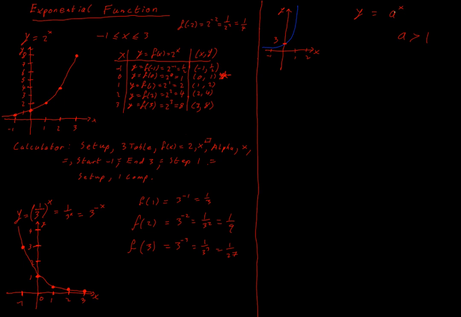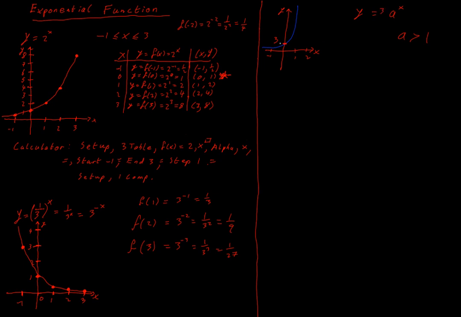And what else do I know? Well, I've been a little bit dishonest with you in that this isn't actually the exact form of this equation, because if I look at where this is crossing the y-axis, I can see that it's crossing at y is 3 instead of y is 1. But I know that the exponential part of my function is going to be 1 when x is 0, because any number to the power of 0 is 1. So this tells me that my function must be multiplied by 3.